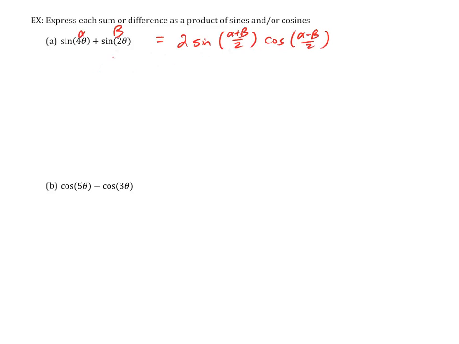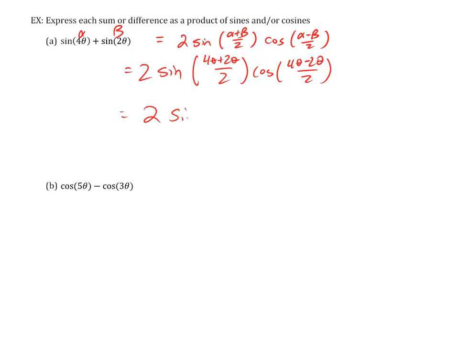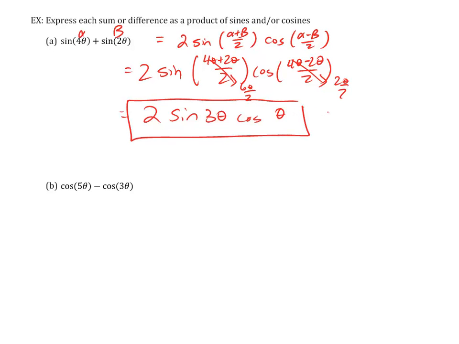So in our case, alpha is 4 theta, so we have 2 sine of (4 theta plus 2 theta) over 2 cosine of (4 theta minus 2 theta) over 2. Which becomes 2 sine of 6 theta over 2, which is 3 theta, and cosine of 2 theta over 2, which is theta. Done. That's all there is to it.